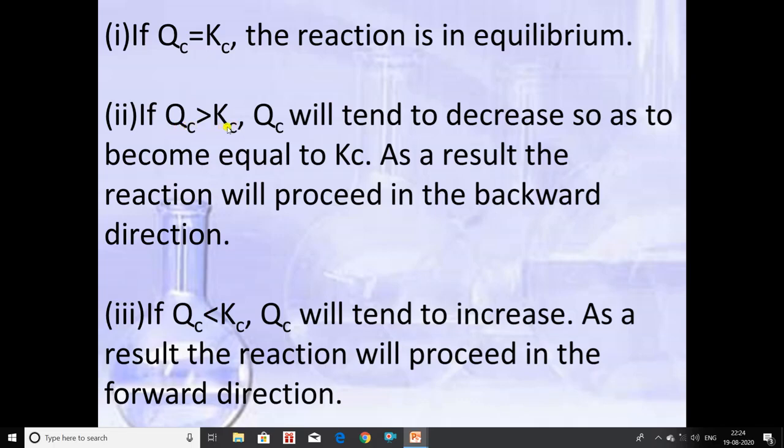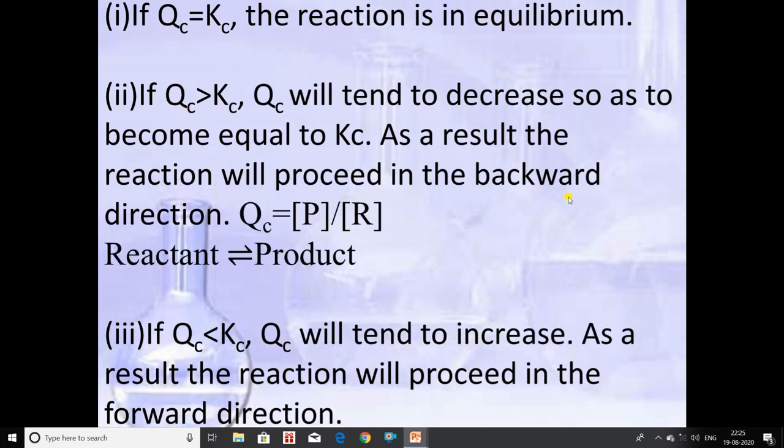We have to decrease the value of Qc because it is greater than Kc. The formula of Qc is concentration of product divided by concentration of reactant.